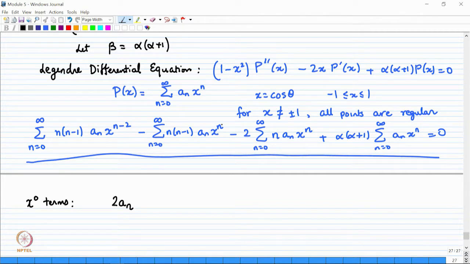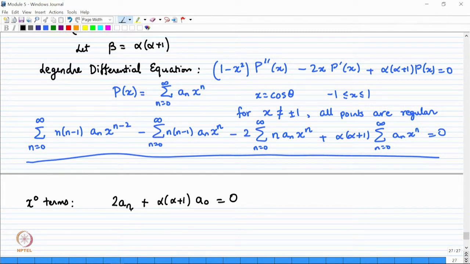In the second term, if you want x raised to 0, then n has to be 0, but if n is 0, this n times n minus 1 is 0. So you do not have any term with x raised to 0 here. Similarly, in the third term, n has to be 0, and n being 0 means the third term goes to 0, and then you have plus alpha times alpha plus 1 a_0 equal to 0.